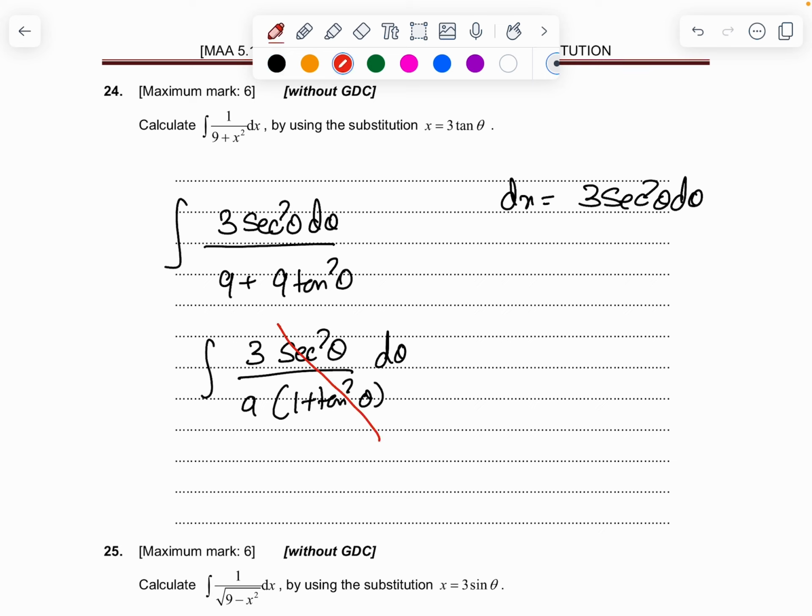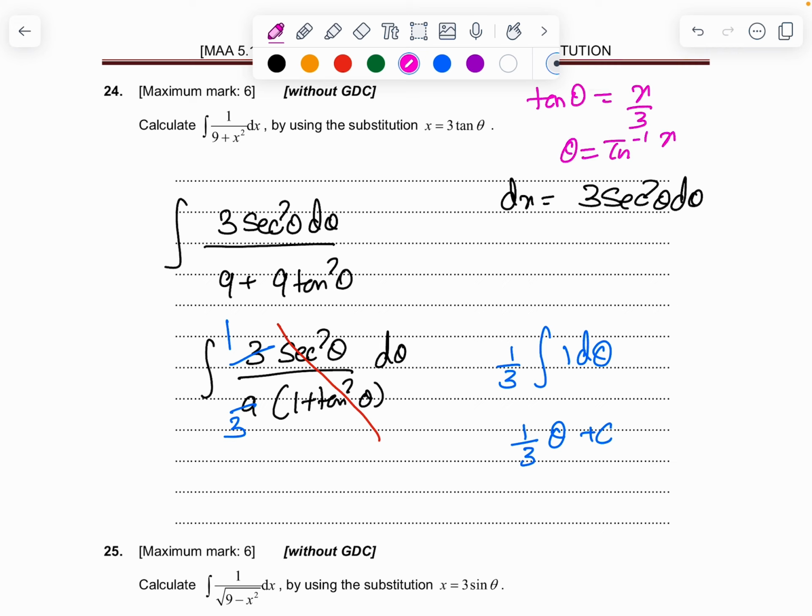Secant square theta and 1 plus tan square theta are the same, so they cancel. 3 times 1, 3 times 3. So I'm left with 1 upon 3, 1 d theta, 1 upon 3 theta plus c. What is theta? From here, tan theta equals x by 3, so theta equals tan inverse x by 3. So it is 1 upon 3 tan inverse x upon 3 plus c.